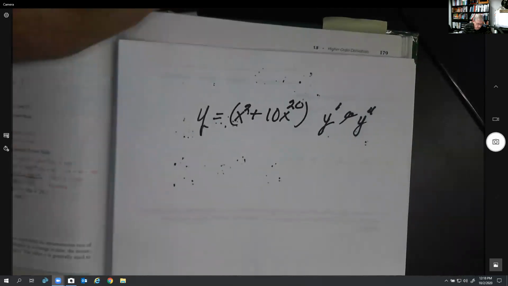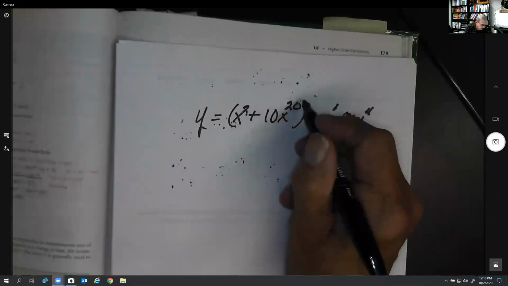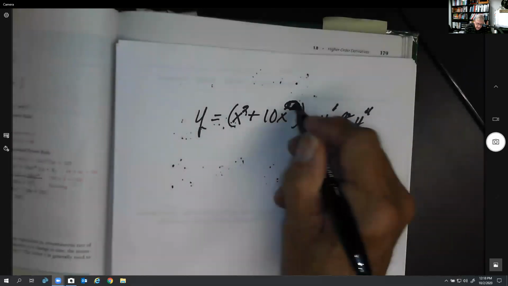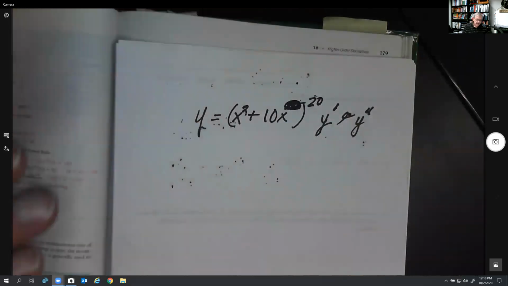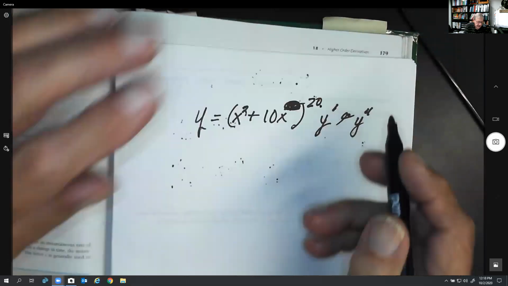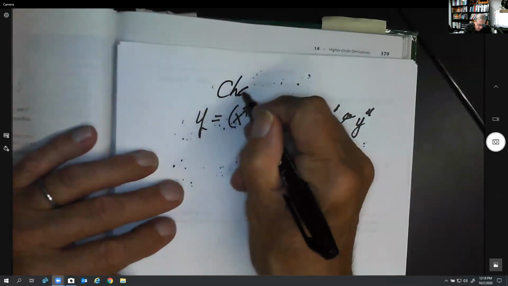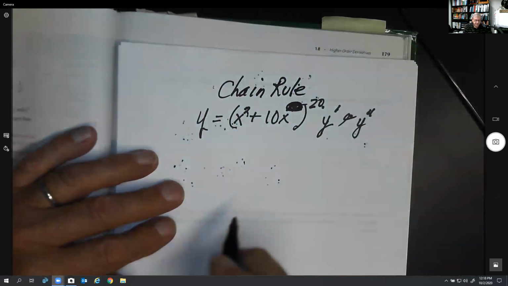Okay. Well, let's go ahead. Is this 20 on the outside or the inside? It's on the outside, so that makes a big difference. We want to make sure that's on the outside. So right here, when I see parentheses and I see a power on the outside, bingo, chain rule. This is a chain rule problem.